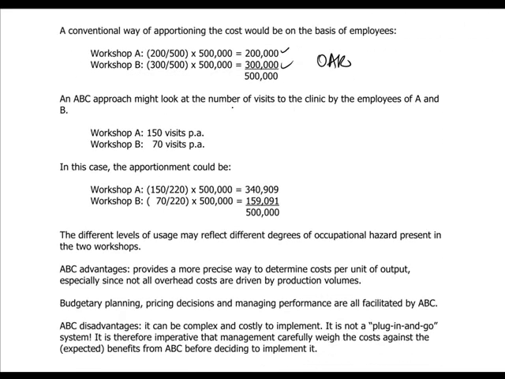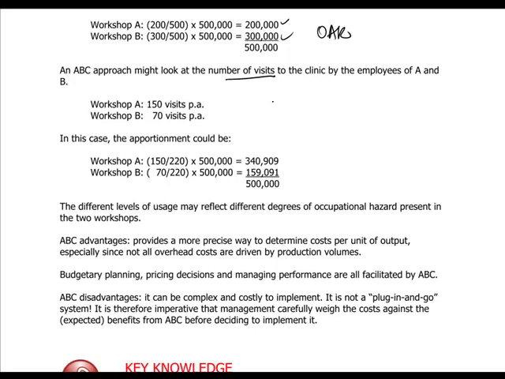ABC might look at the number of visits, so a cost driver, to the clinic by the employees of A and B. So let's say workshop A has 150 visits per annum and workshop B has 70 visits per annum. In this case, the apportionment could take into consideration that the total amount of the cost driver is 220.